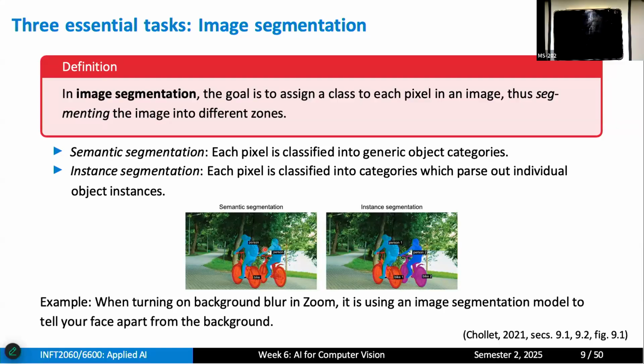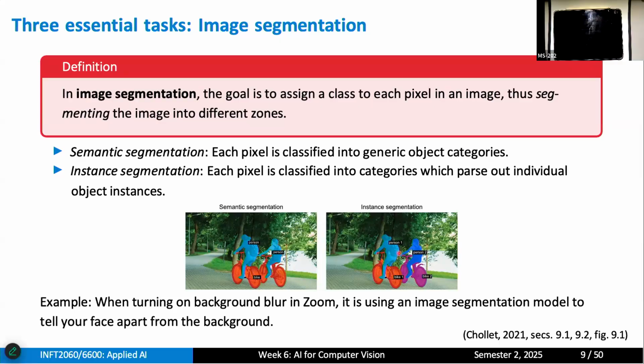It's a very general category, so we say semantically they are the same. The bikes, semantically, they are the same. So they are the same label. However, for instance segmentation, that's different. Instance segmentation doesn't consider semantic similarity.